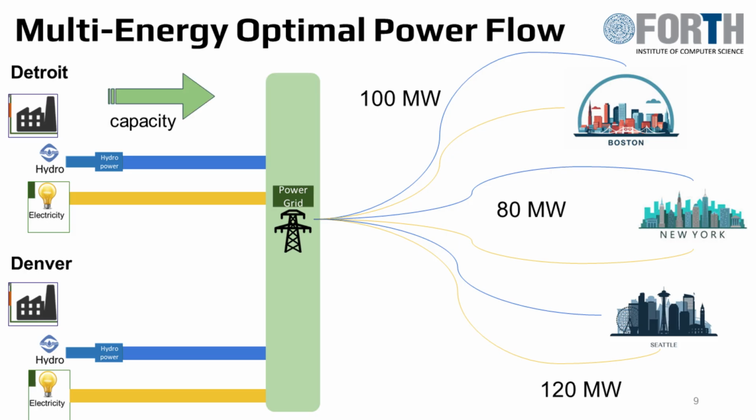Here, we introduce the first layer of realism: line capacity limits. Each transmission line between the Detroit supply node and a demand node has a maximum allowable flow. For example, from Detroit to Boston, the capacity is 100 megawatts, from Detroit to New York, 80 megawatts, and so on. These numbers define upper bounds on the flow variables.